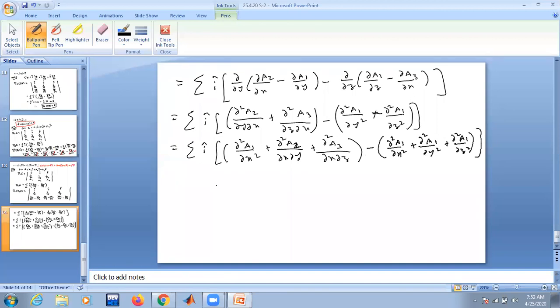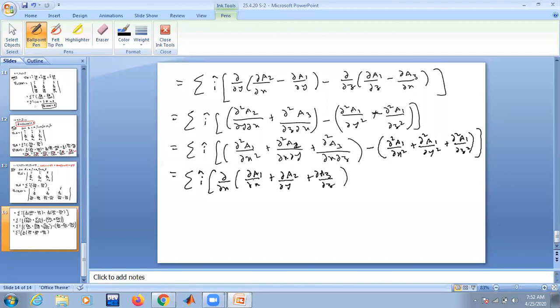Okay. Now apply sigma to each term. So this is sigma I into, see here in this expression dou by dou x is there. I can write this as dou by dou x of the remaining expression: dou a1 by dou x plus dou a2 by dou y plus dou a3 by dou z. Can I write like this?